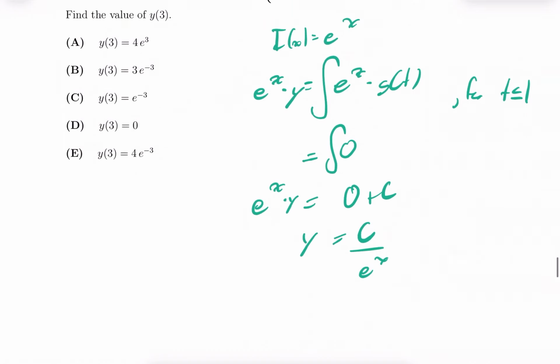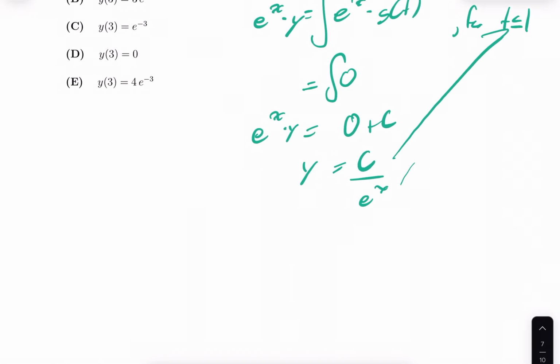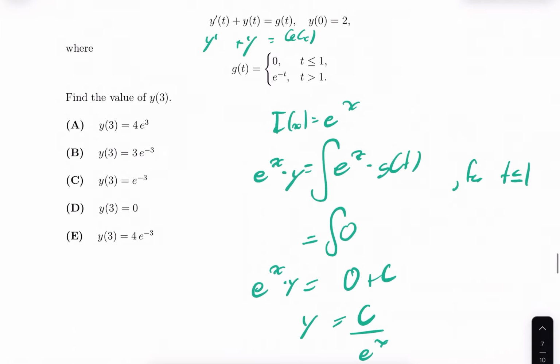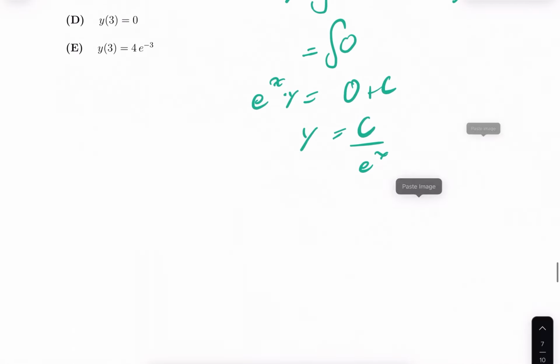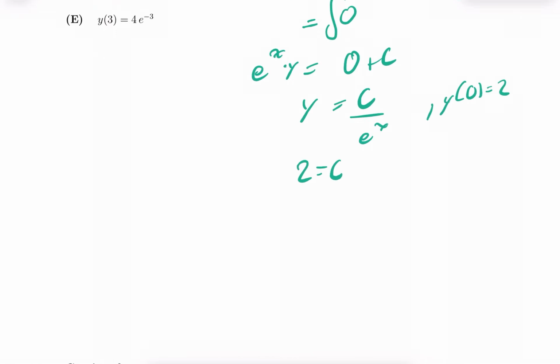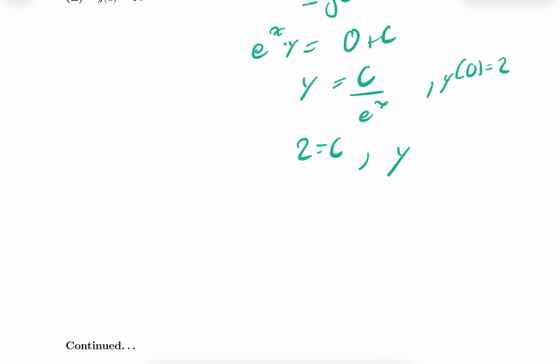This is for t is less than or equal to 1. And with that, I can use my initial condition of y at 0 equals 2. And 2 equals c. Therefore, y equals 2 over e to the x.